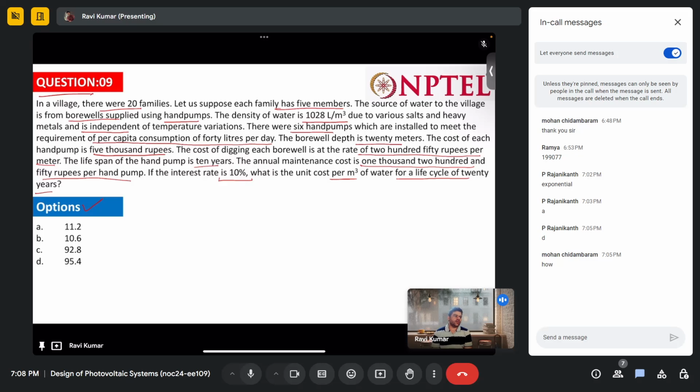So first of all, in this question, you need to write each and everything neatly so that you can get what is given and what you require in each calculation.